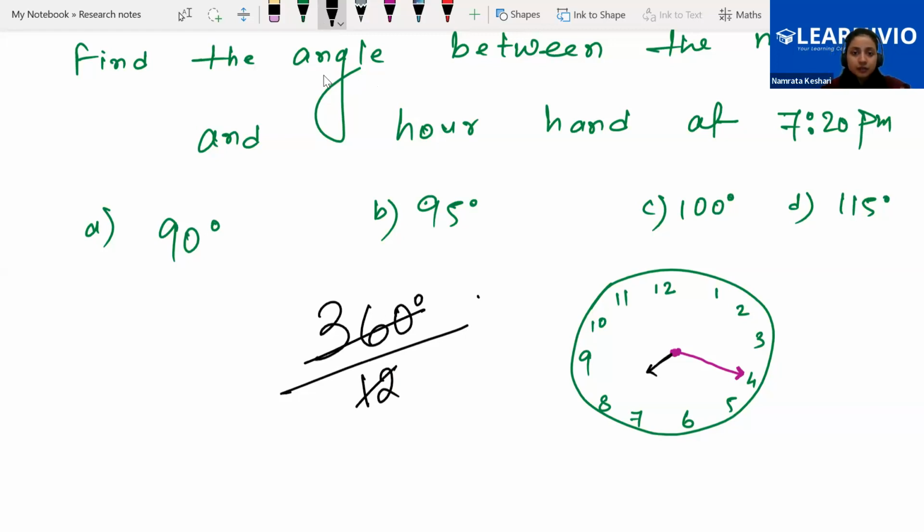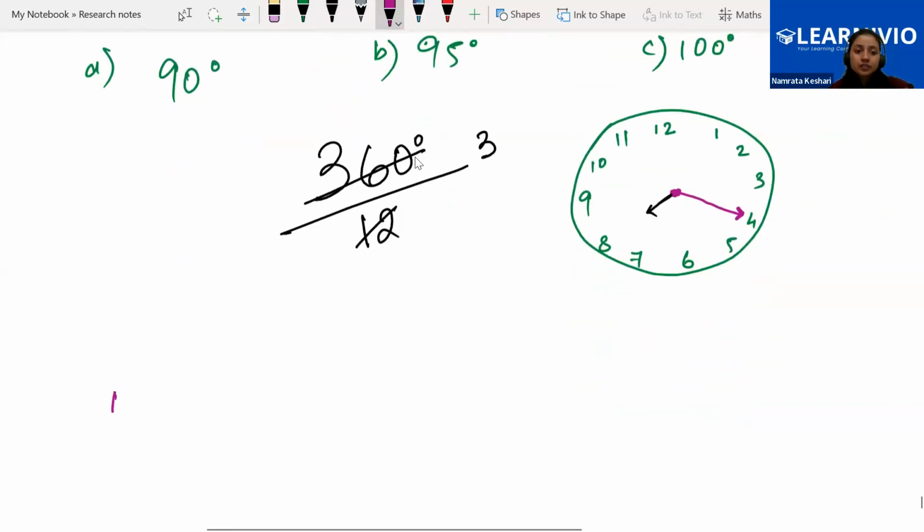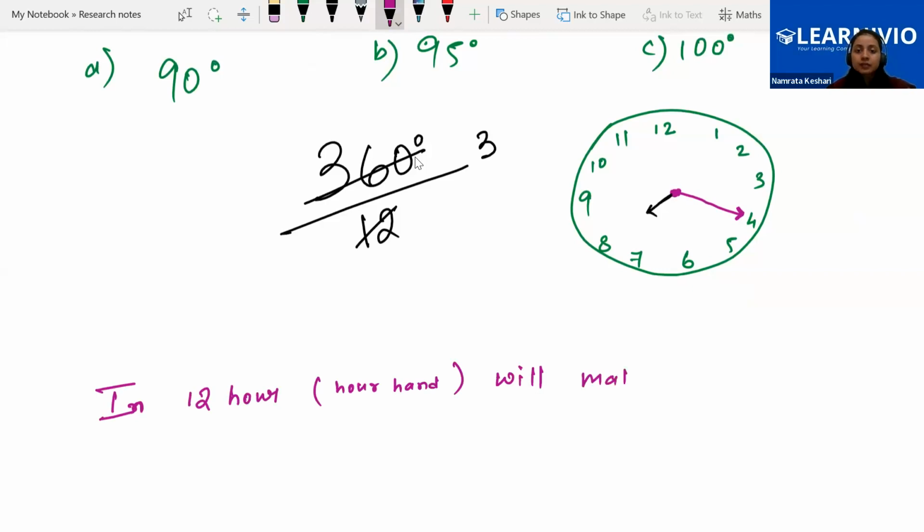So here we can write the unitary method like this, just like the previous question. In 12 hours, our hour hand will make one revolution, that means 360 degree. Okay, in 1 hour it will make, or we can just make it reverse.